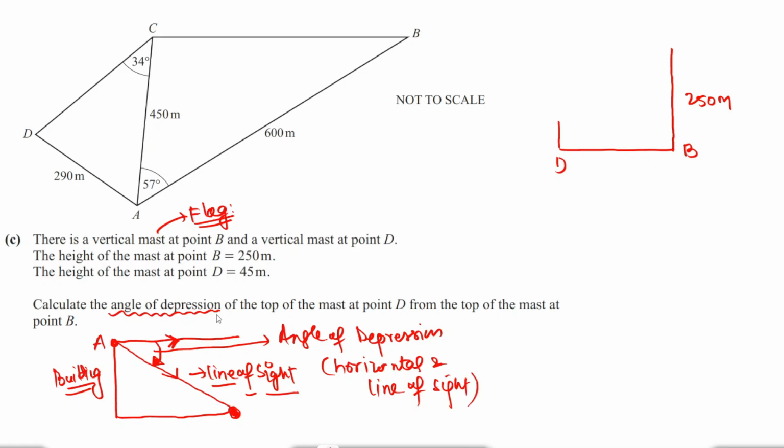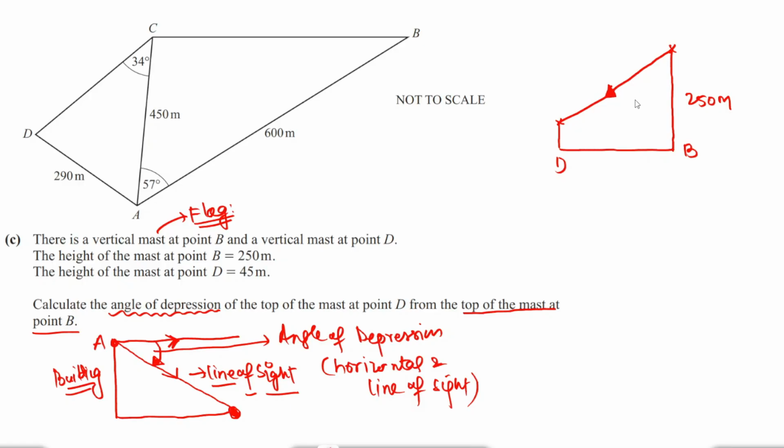Calculate the angle of depression of the top of the mast at point D. Depression means we are looking downwards. So where are we looking at? The top of the mast at point D. From where are we looking? From the top of the mast at point B. Let's assume this is the top of the pole at point B. We are looking from this point to this point in that direction.